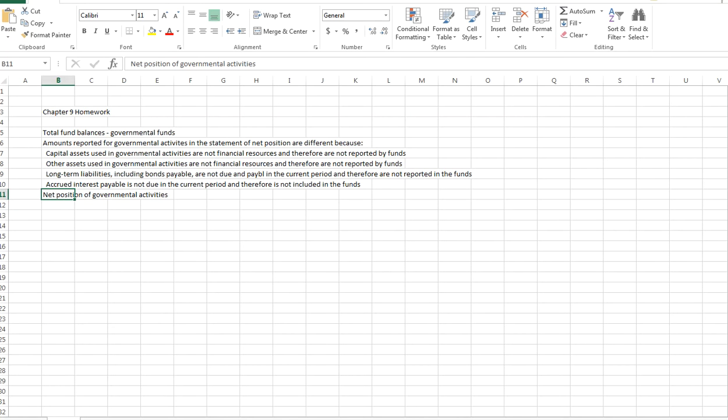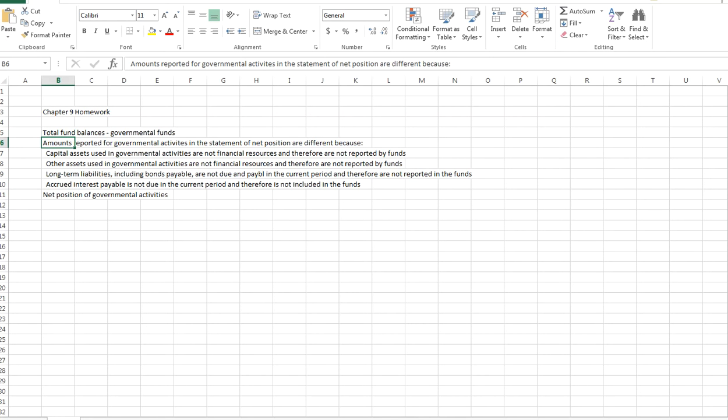Okay, so I'm back with you now. I typed this in, and you can use page 381, illustration 9.7 as a guide for this problem. And you're given in your problem the information that you need. You've got your total fund balances, which is given to you.